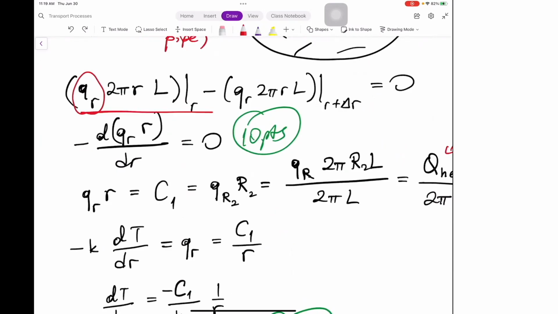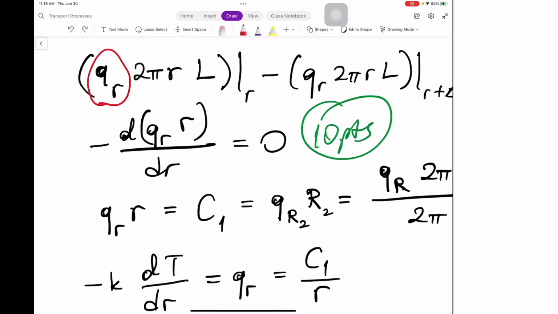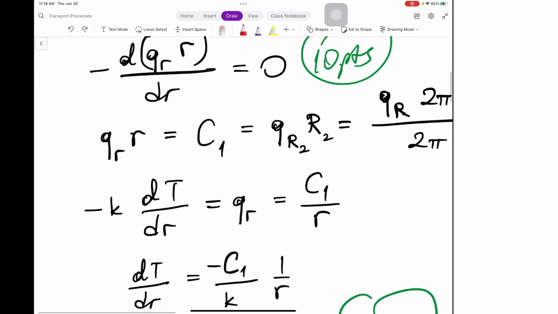So if you divide all sides by delta r and take the limit as delta r goes to 0 for a very thin, infinitesimal shell, you get the negative of the derivative of Q_r times r. Because the 2 pi's and L's cancel, you can just divide by those terms. Those are constant.